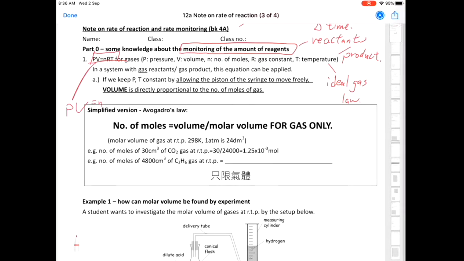First of all, we can keep T constant and P constant. And R, we call it the gas constant, is always a constant. So after setting these three parameters to constant values, you can observe that the final result is that the volume of a gas is directly proportional to the number of moles of it. And the number of moles is actually the amount of it, so they are directly proportional.